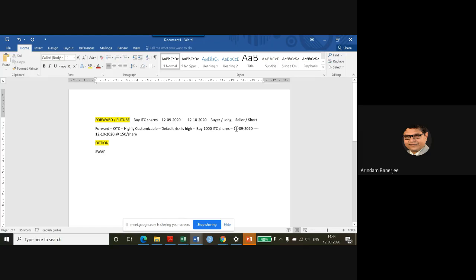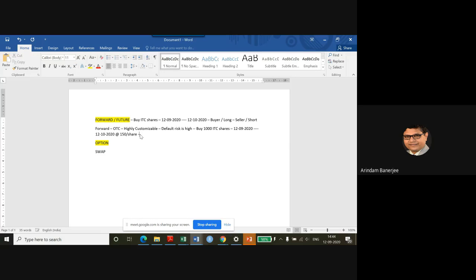As per the contract, the buyer will buy 1000 ITC shares at the rate of 150 per share on 12th October 2020. This is the position of the buyer, and the seller, on the other hand, is entering into a contract today. He is supposed to sell 1000 ITC shares, which is going to be executed on 12th October 2020 at 150 per share.